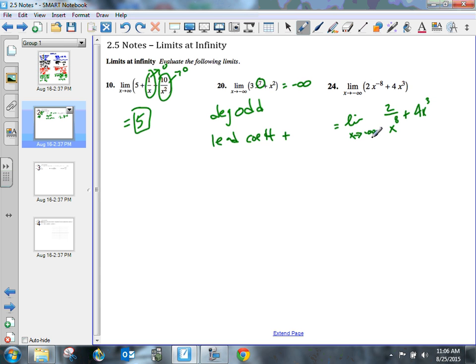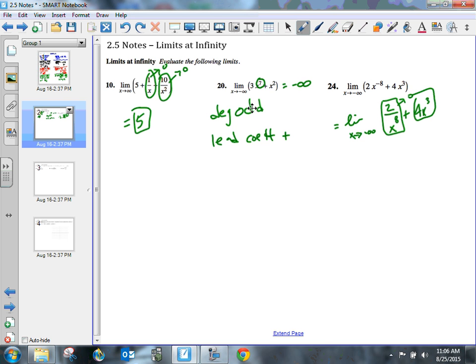So if I plug in really small values like negative 1 million, negative 10 billion, what's going to happen here? First of all, this is just going to go to 0. If my denominator gets really big, then the limit's just going to go to 0. So then we go to negative infinity on 4x cubed.